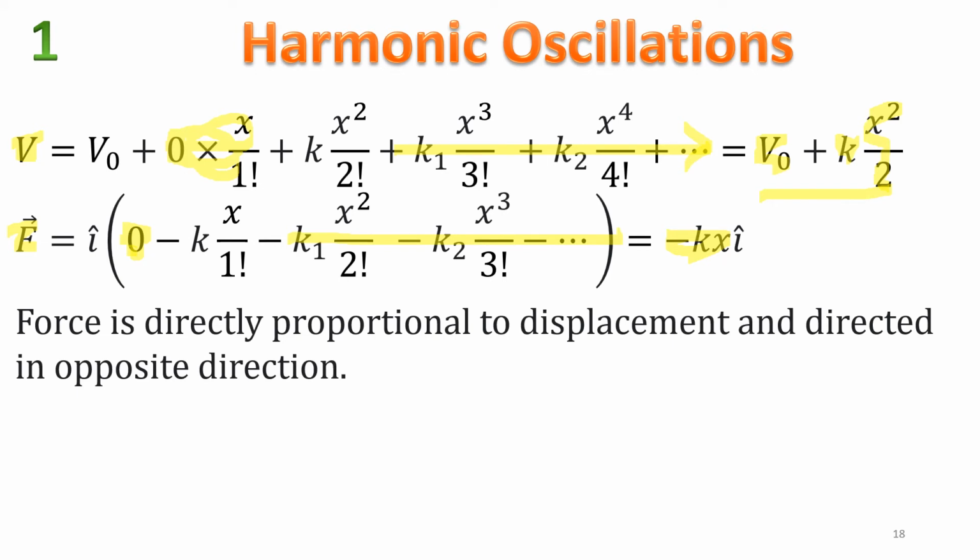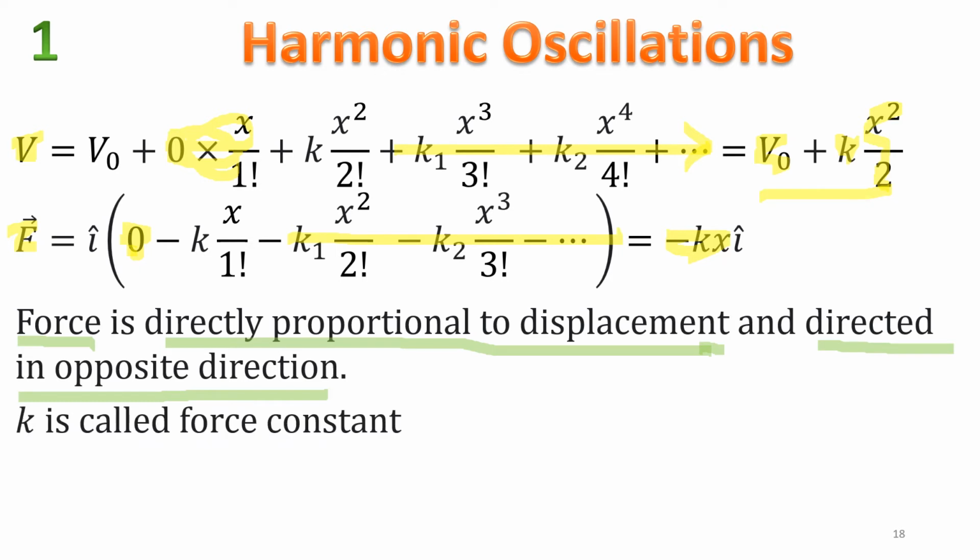So here the most interesting thing to note is that force is directly proportional to displacement. This we have concluded from Taylor's series, and the force is directed in the direction opposite to the direction of motion always, and k is the force constant.